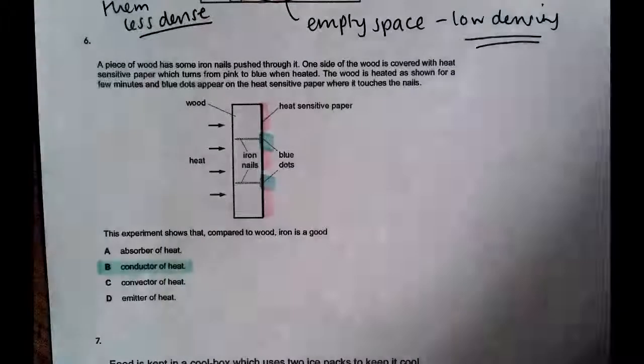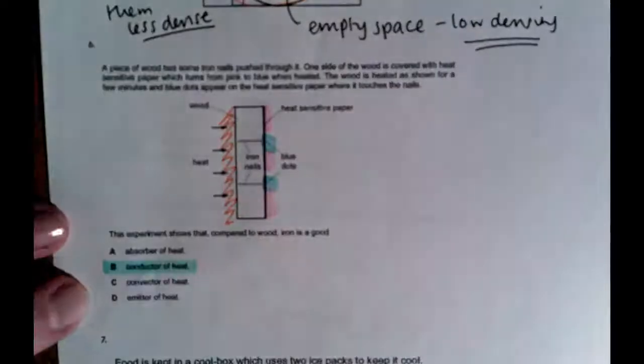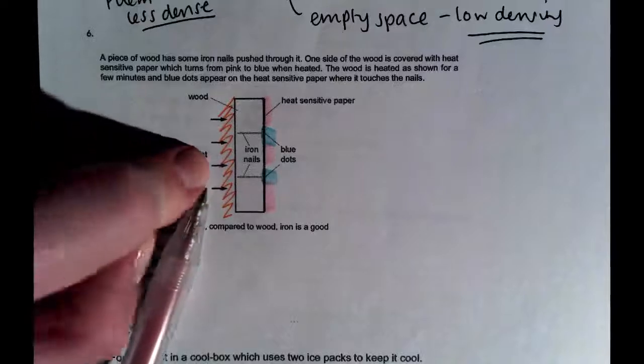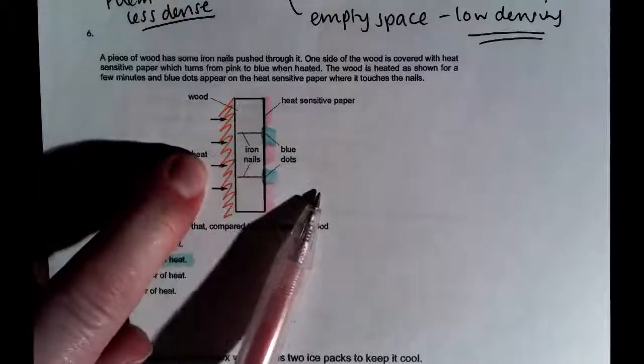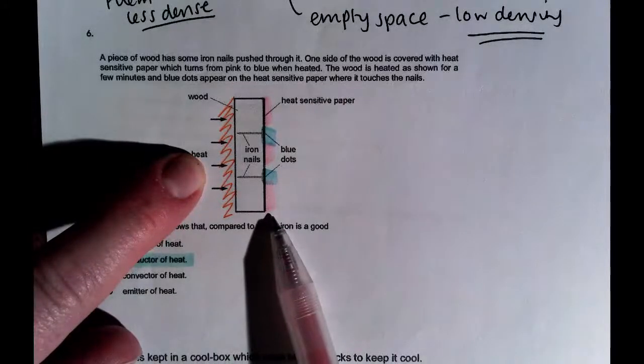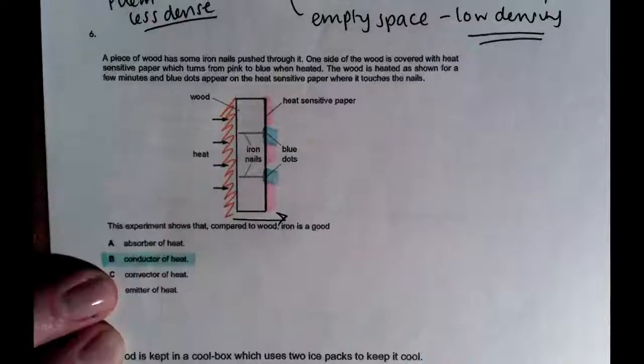Now, the heat source is over here. We send the heat in on this side. The heat starts on the left. It has to get to the right in order to reach the paper because that's over here. So we know that there has to be heat travelling from left to right.